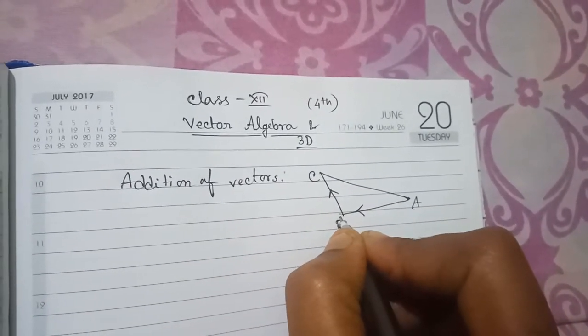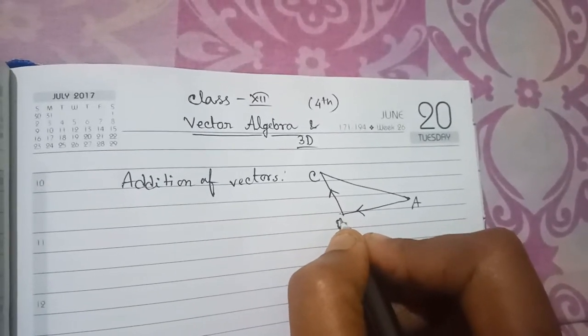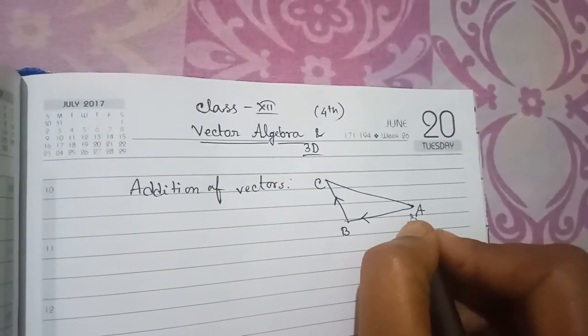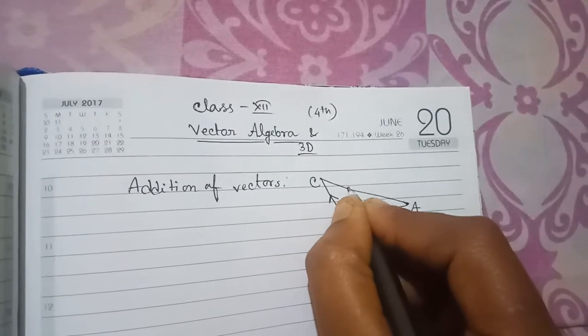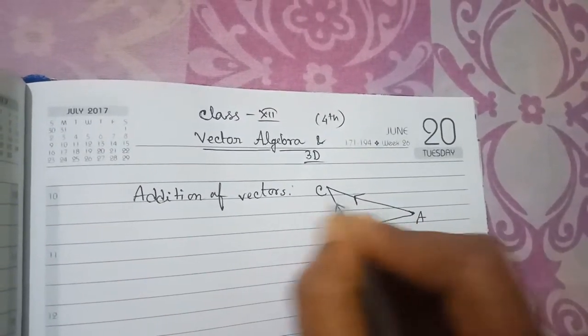Then you can say the final displacement, or net displacement, made by that object from A to C is actually this AC, and I'm denoting its arrow like this, AC.